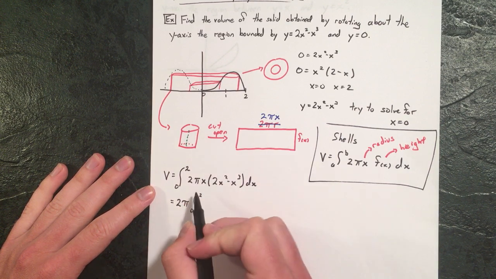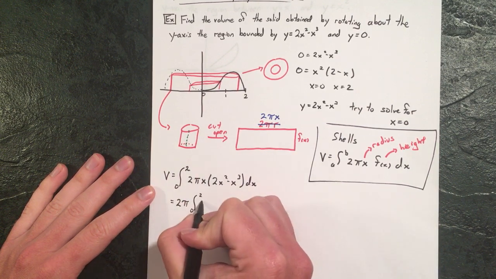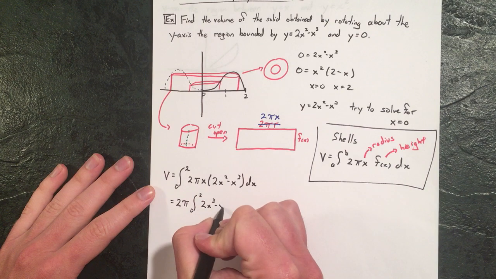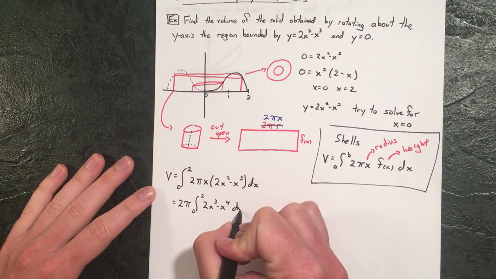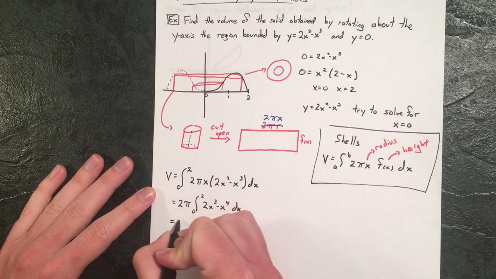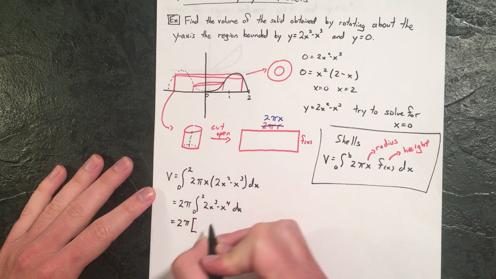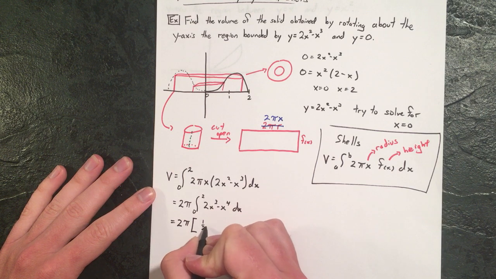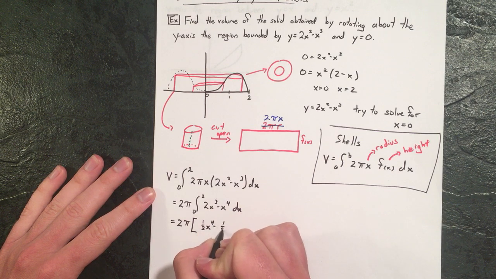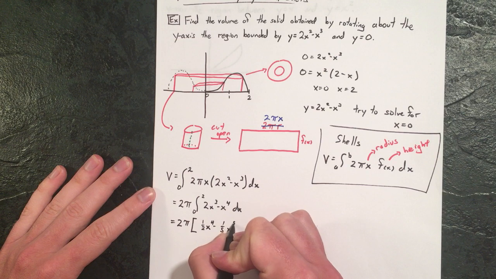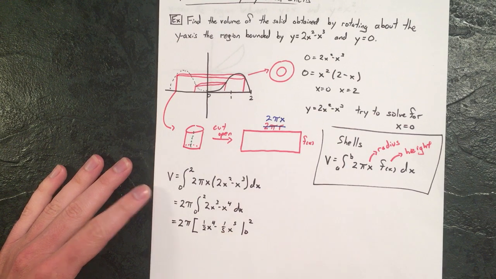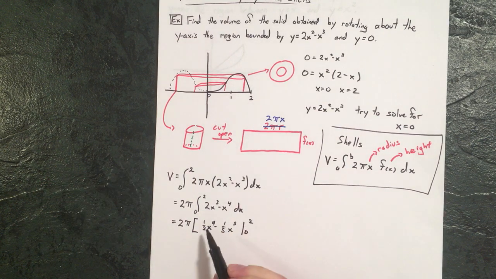We can pull the 2 pi out front, distribute the x, take the antiderivative here, from 0 to 2. So we need 2 to the 4th here, which is 16, but we're dividing that by 2.